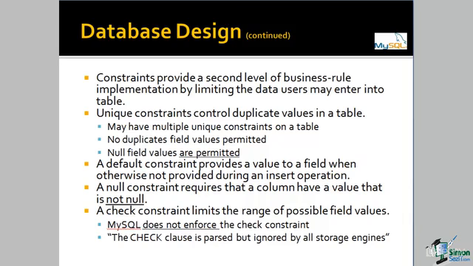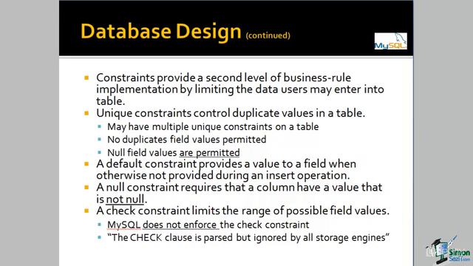So we can use a unique constraint, for example, to prevent duplicate values in a table. Unlike a primary key, which is a unique constraint, because there can be no duplicate values in a primary key, you can have multiple unique constraints on a table.